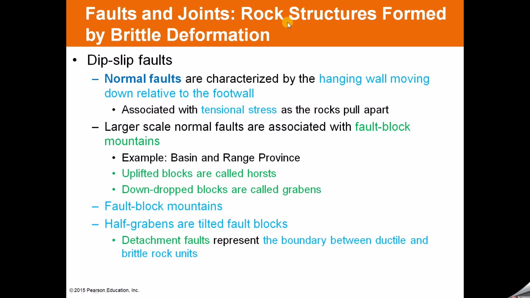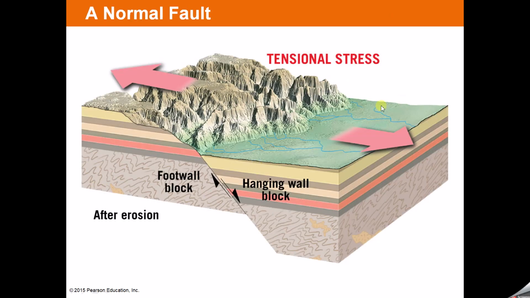Faults and joints, as we said, rock structures formed by brittle deformation. Dip slip faults. Normal faults are characterized by the hanging wall moving down relative to the foot wall, associated with tensional stress as the rock pulls apart. Okay, so if we look back here, there's tensional stress, not compression, tension. And the hanging wall is moving down relative to the foot wall.